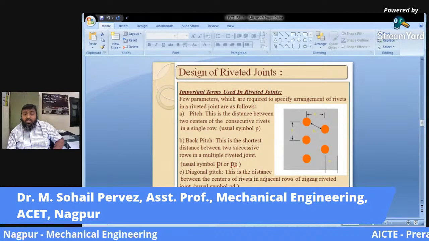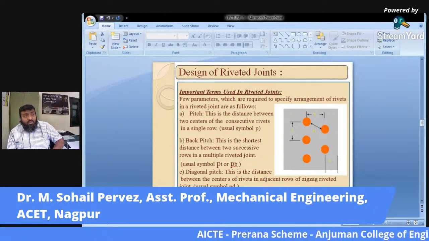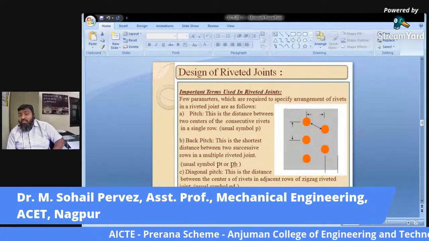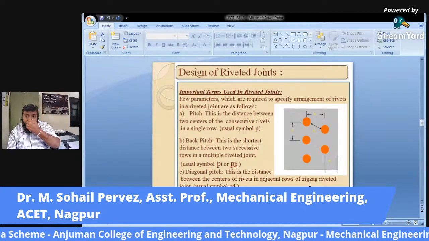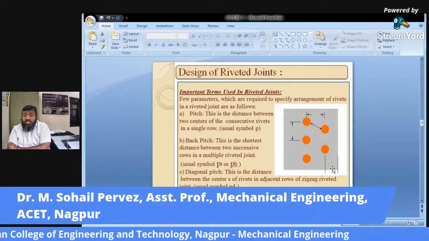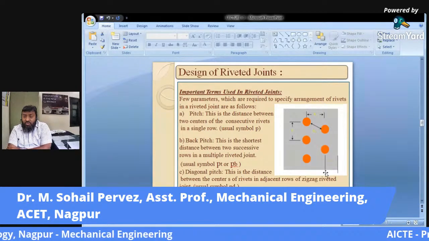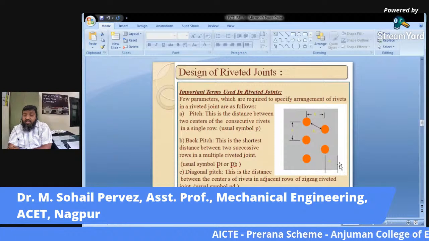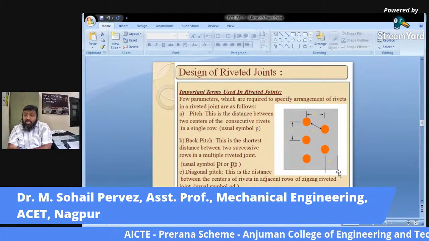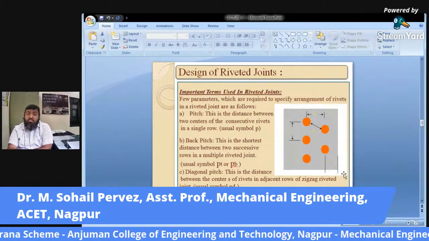And the fourth definition, which is very, very important and always used for the safe design of the riveted joint, is the margin. Margin is the distance between the center of the end of the riveted row and the nearest edge. It is the distance from the center to the nearest edge that is known as margin.